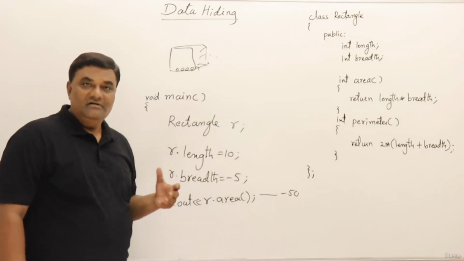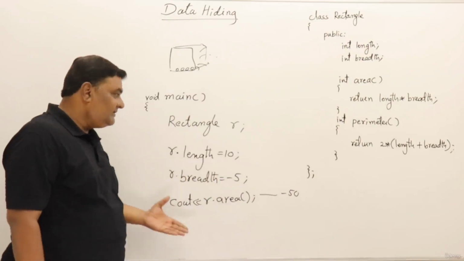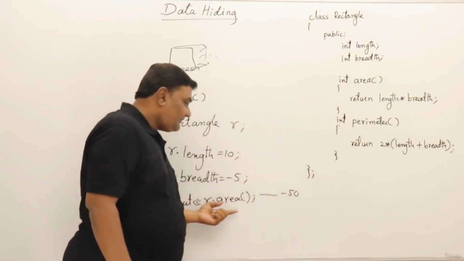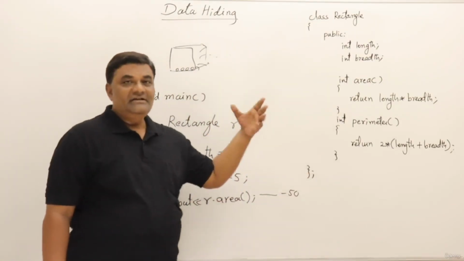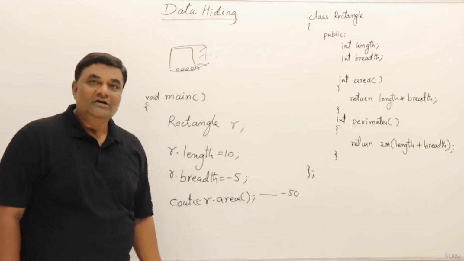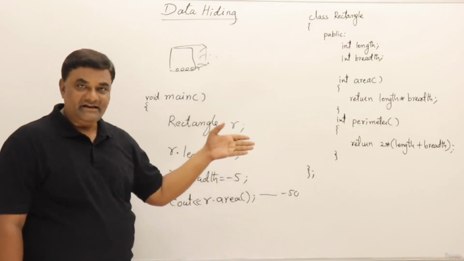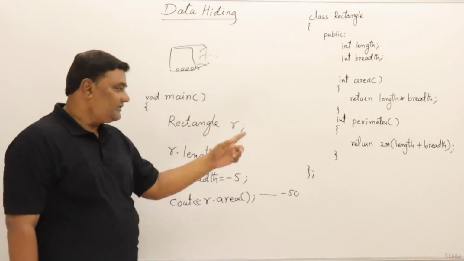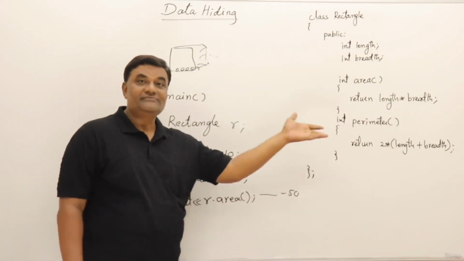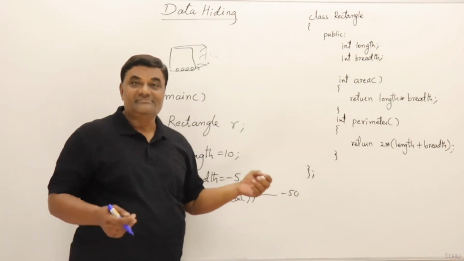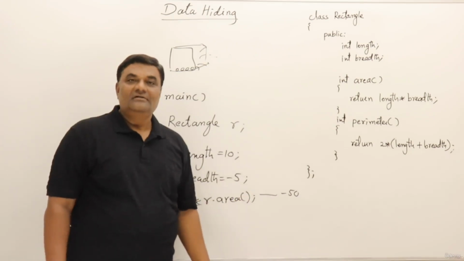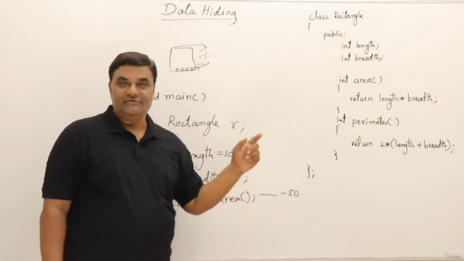If mishandling is done, the functions of a class may not give right results and we cannot rely on such classes. Though it is a mistake of the programmer, the class will also be blamed equally for giving wrong results. What was the class doing when the programmer was setting it as -5? So the class is equally blamed for that.